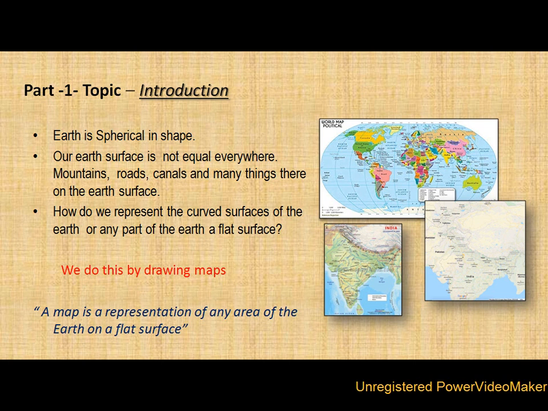We are just putting some symbols, some marks, some signs for representing the geographical things in the map. So with different methods, different techniques, we are drawing maps. So here we are going to look at the definition of the map. A map is a representation of any area of the Earth on a flat surface.